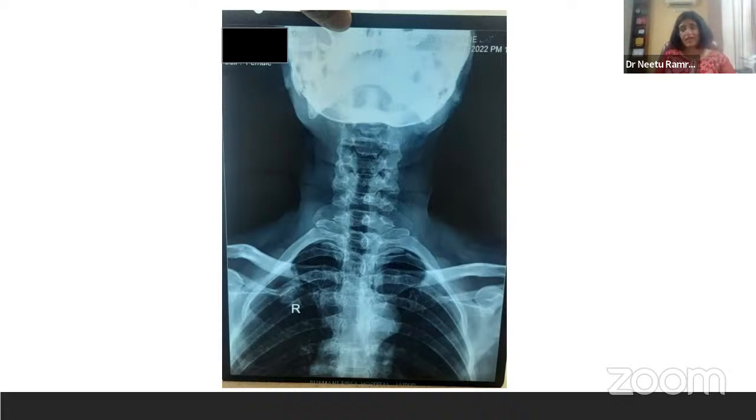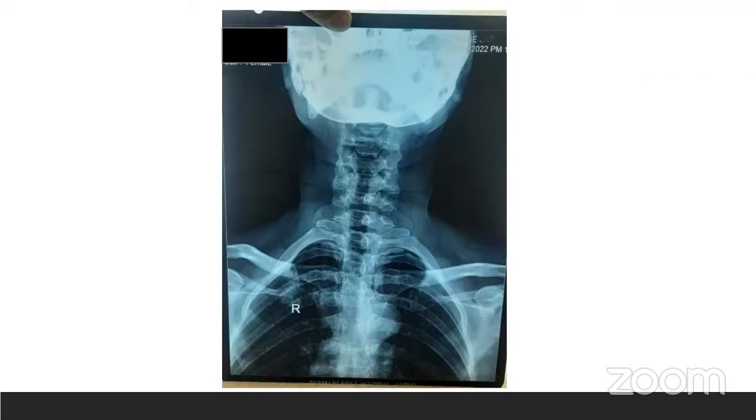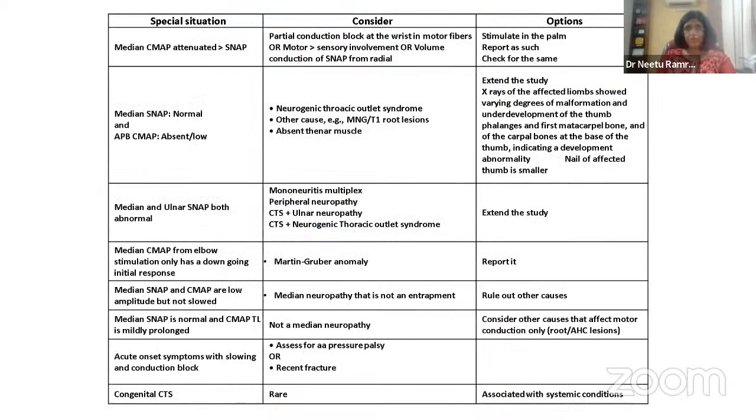The patient is having significant motor derangement, ulnar SNAPs relatively low, and preservation of median SNAPs. You can see here that there is an elongated transverse process, and this patient most likely has thoracic outlet syndrome. So what are the special situations where we have to have a word of caution?